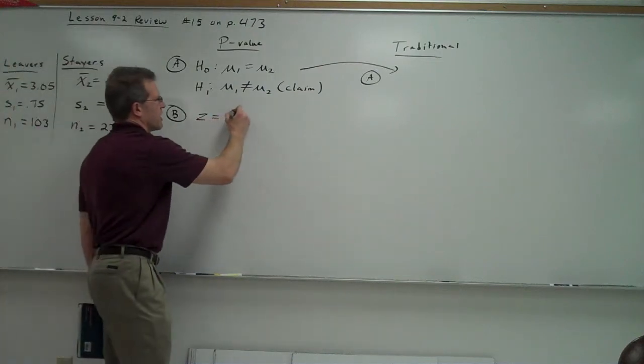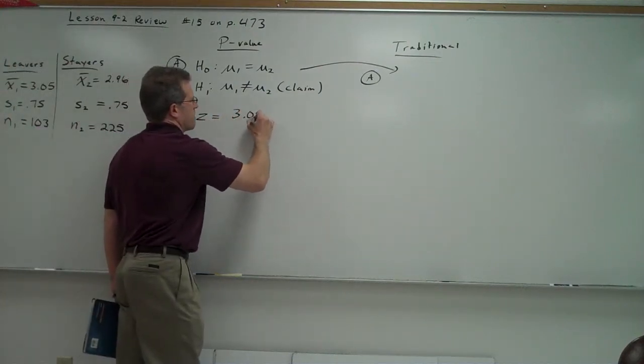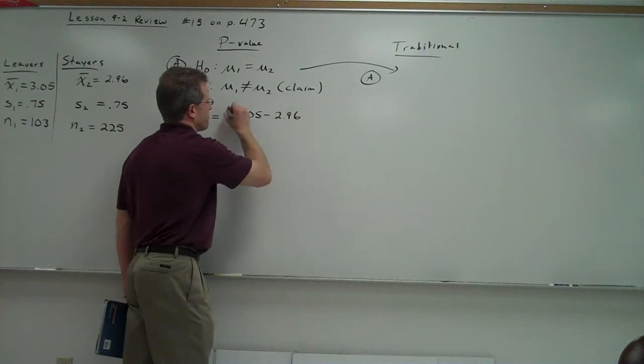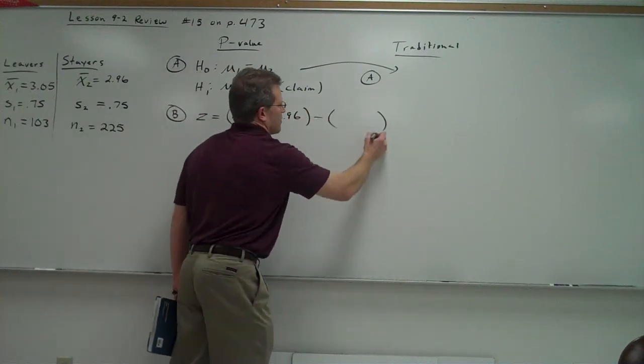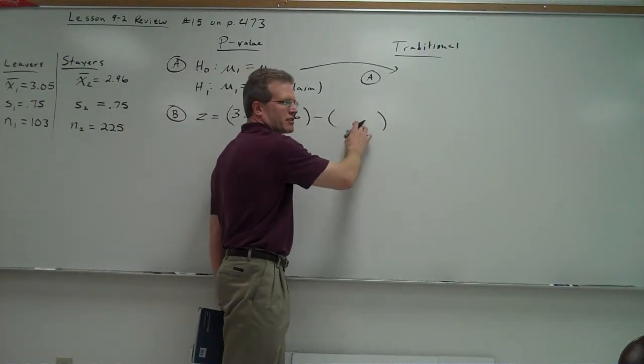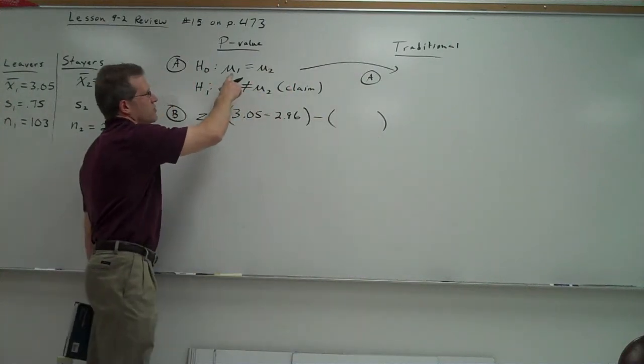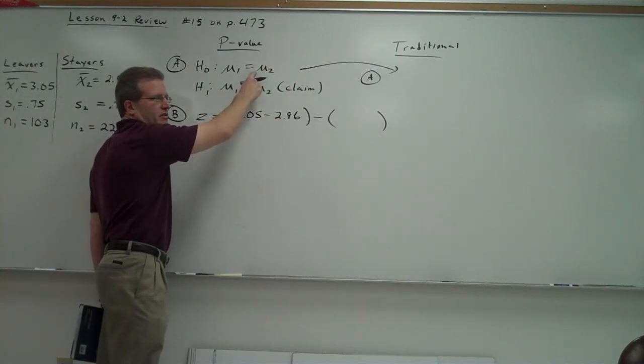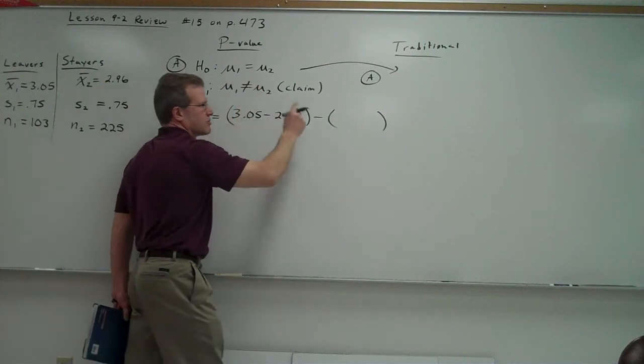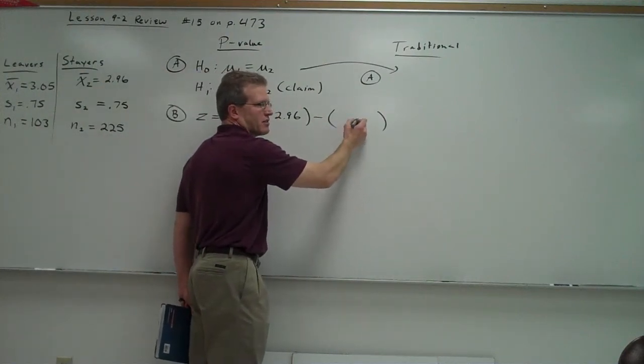So that's 3.05 minus 2.96 minus, over here you have mu sub 1 minus mu sub 2. Well, in the null, we're saying they're equal. So we're saying they could be equal up here. So when you subtract them, what would you get?